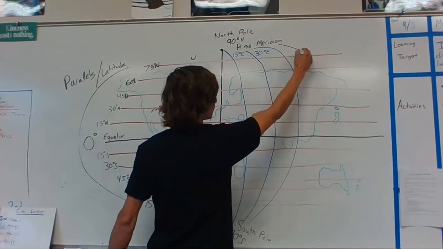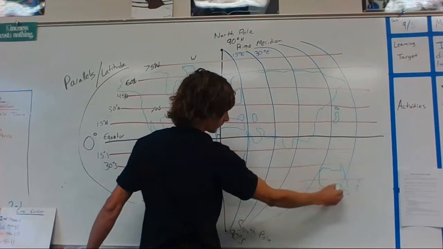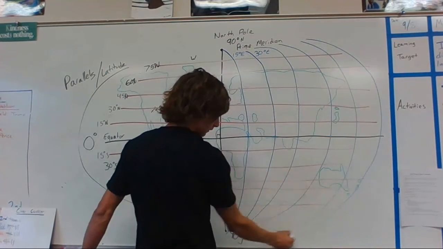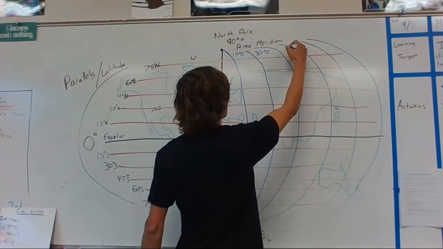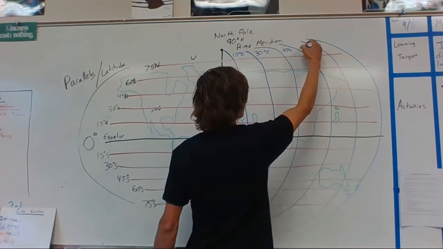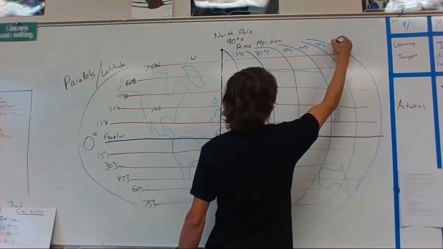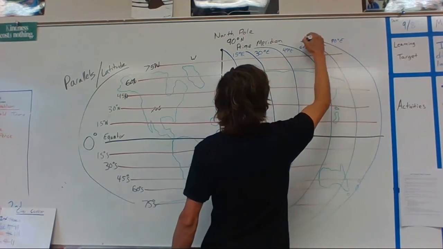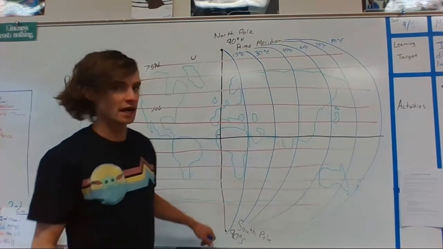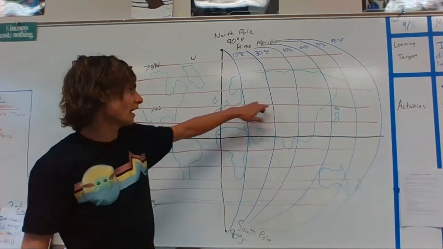Maybe 45, 60, 75, 90. So let me fill those in. And these are all going to touch at the north and the south poles. Okay, so now I've got my other grid, and now I can start to find out locations.